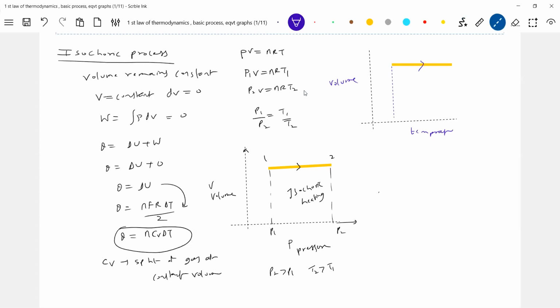Look at here now. There's temperature T1, T2. Can we say anything about volume? Volume is constant. Can we say anything about the pressure, as T2 is greater than T1? So P2 is greater than P1. So this is also isochoric heating.